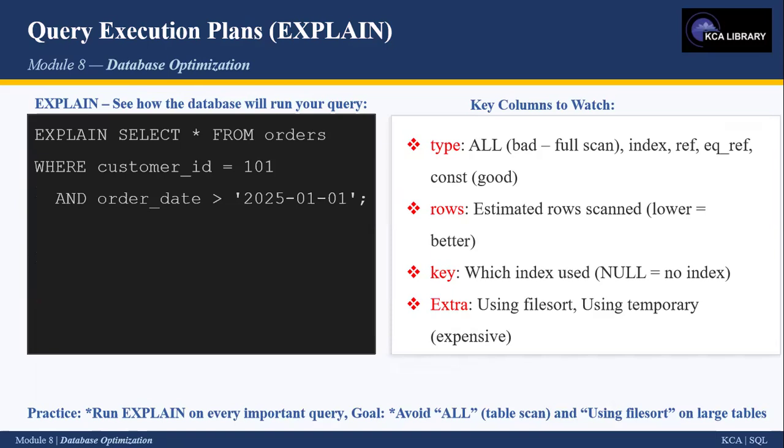Query execution plans. EXPLAIN. The most important tool for optimization is EXPLAIN. Run it like this: EXPLAIN SELECT * FROM orders WHERE customer_id = 101 AND order_date > '2025-01-01'.